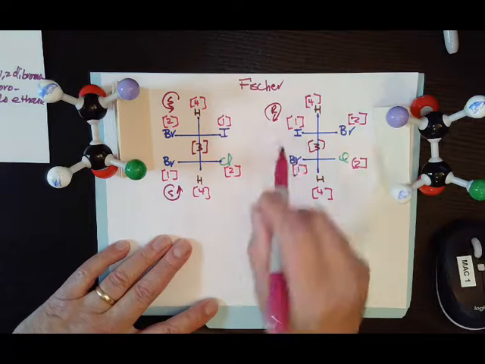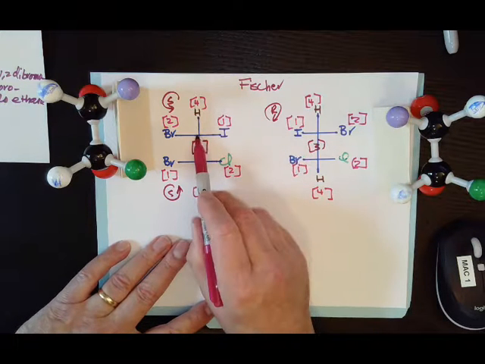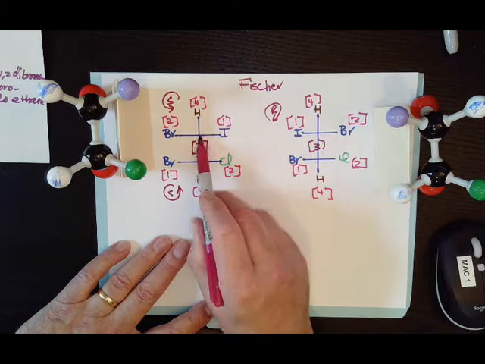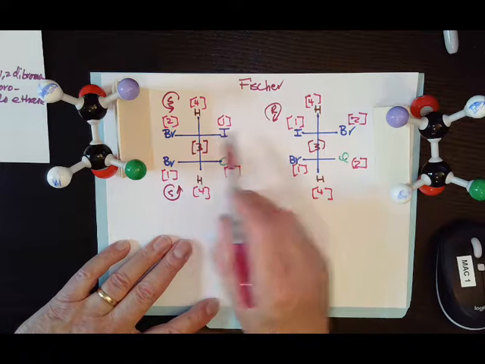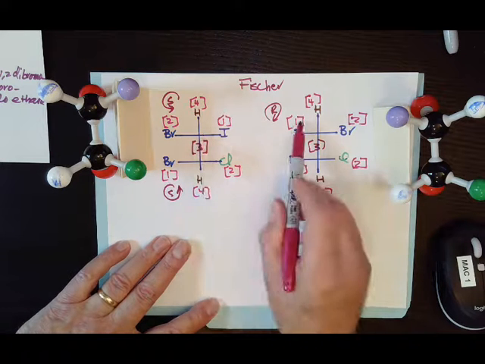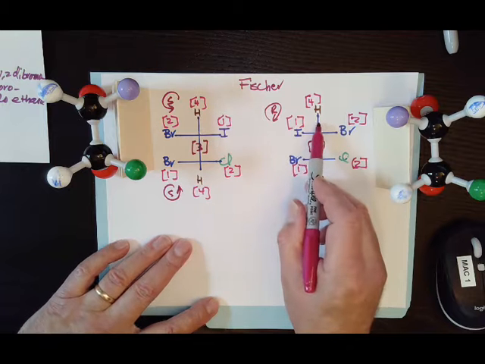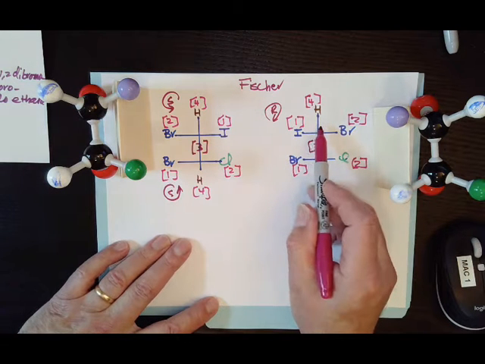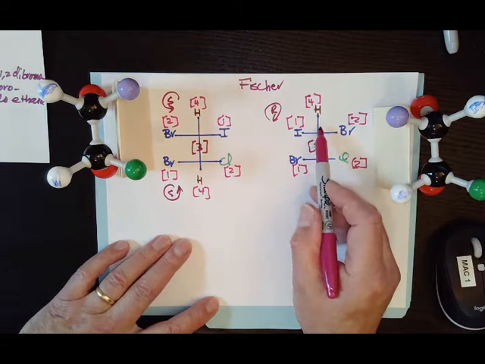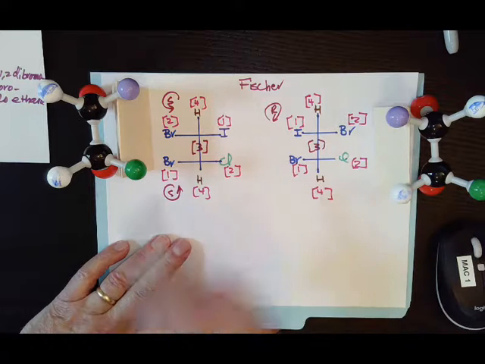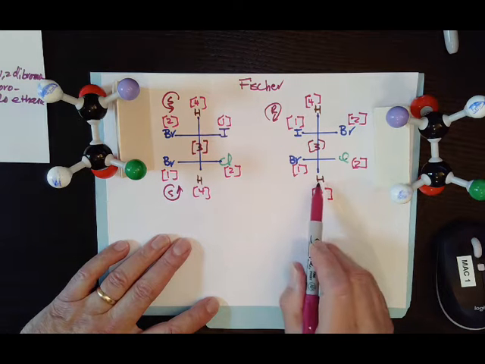R. So these two carbons, remember each corner is a carbon? We don't show the C, by the way. We never show the C. So these two carbons are a mirror image of each other. We cannot say enantiomers because an enantiomer is really for the whole molecule, not for a carbon. These two are mirror images of each other.